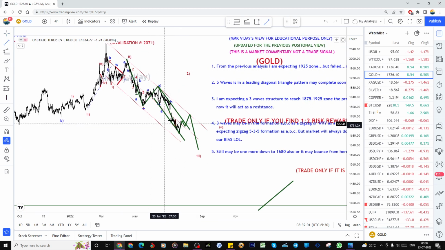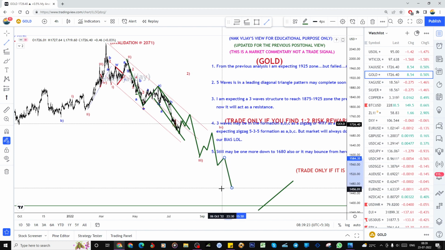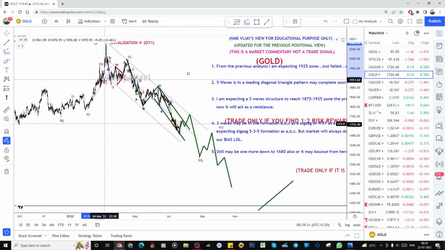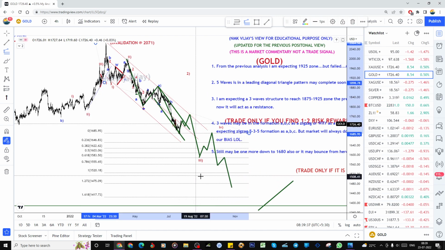So either this is going to extend, may or may not. So here ABC is a 1, ABC is a 2. So this is ABC is a W, this is the X, so A, B, and C. So either this is the end of the trend, meaning here the third wave. So again we are expecting the fourth, and again we are expecting the fifth. So here we measured, and if we keep this as a fourth wave, it's coming to 1520.